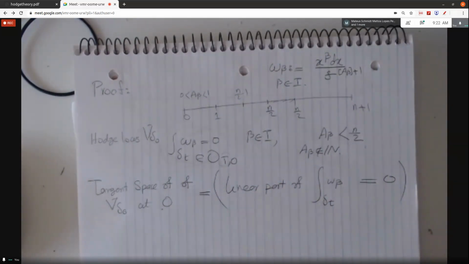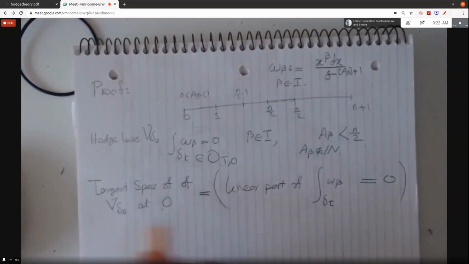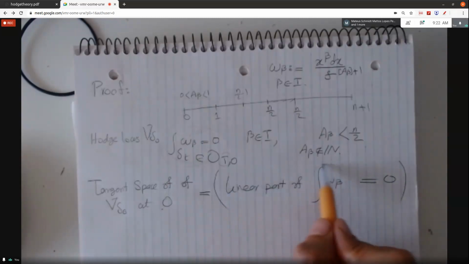So just take all the linear parts, and this will be the tangent space. So you see that here I am really using the concept of scheme. I am taking all these equations, even though they might be dependent or independent, it doesn't matter. And I have to calculate the linear part of all these integrals.